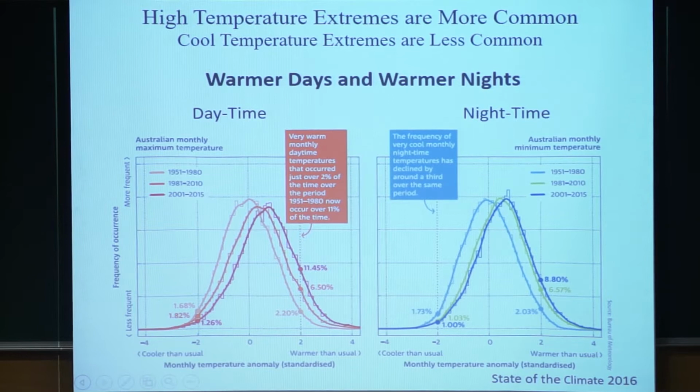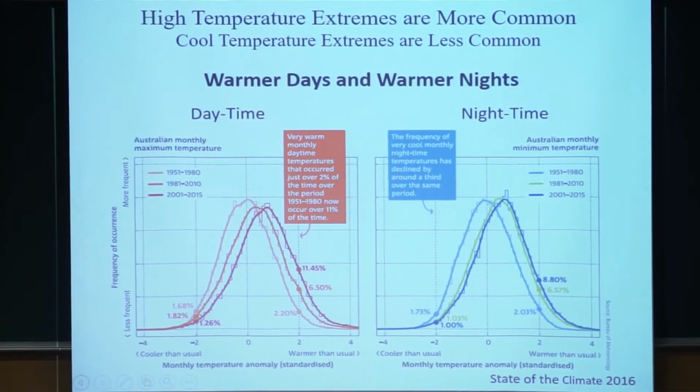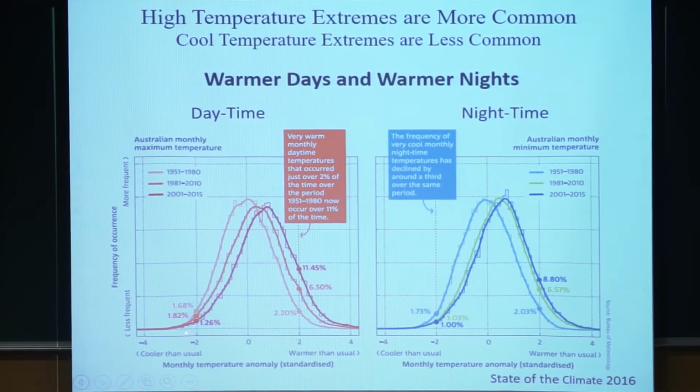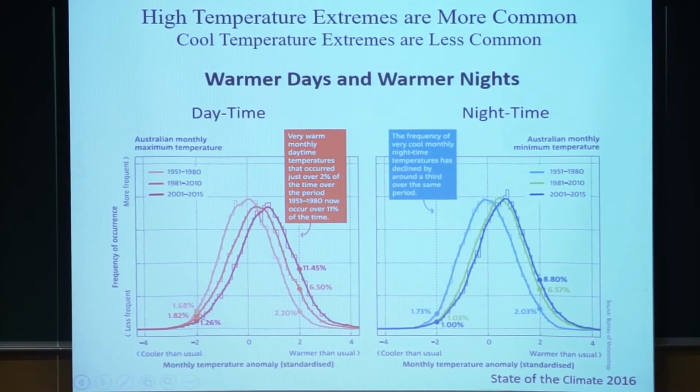At nighttime, 2% of the time they were much warmer than average, and now we're up to 9%. So not only are we getting shifts in the averages, but we're getting shifts in the extremes. And we're having far fewer cooler daytimes and far fewer cooler nighttimes. So everything is shifting.